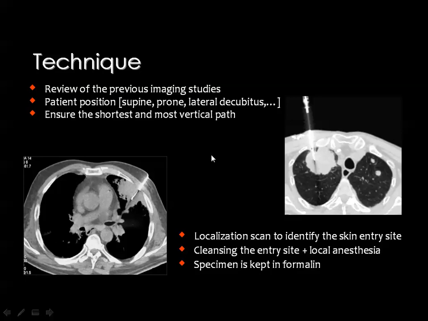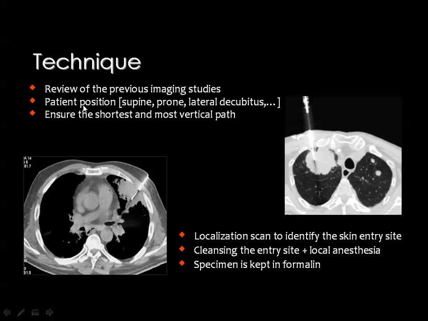And we have emphasized the importance of the accessibility of the lesion, or the intimate relation of the lesion to the chest wall, and also the absence of any emphysematous bulla or major vascular structures in the needle tract. And also you should make sure that there is no bone or rib obstructing your pathway to the needle.